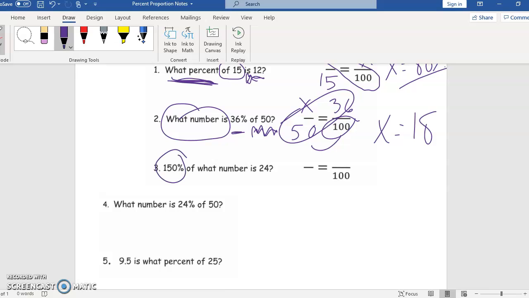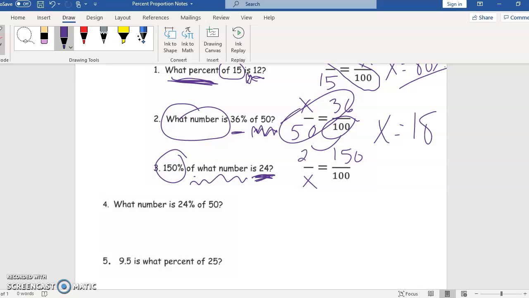Okay? Now look at number 3. 150%. So I already know 150 goes over 100. Remember, you can have a percent that's over 100. Of what number? Of is your keyword. We don't know, so my whole is going to have an X. Is 24.